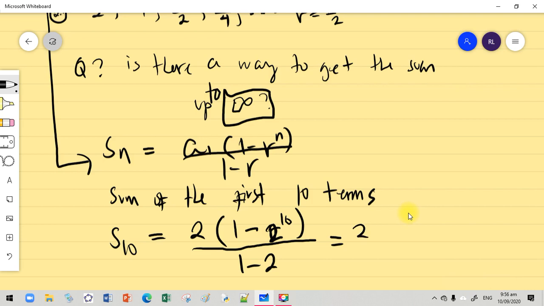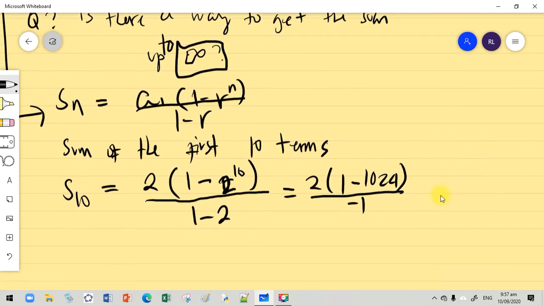That becomes 2 times (1 minus 2 raised to 10), which is a pretty big number. 2 raised to 10 becomes 1024, then over negative 1, and that becomes 2046.